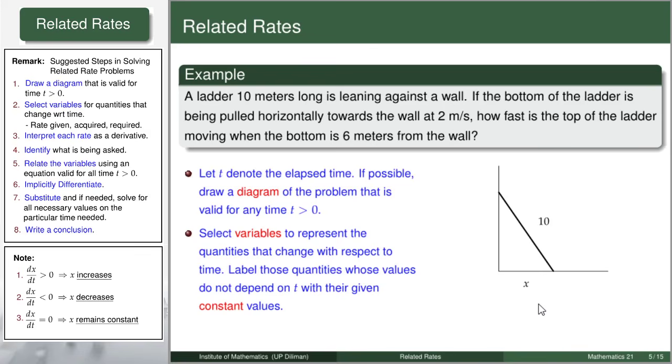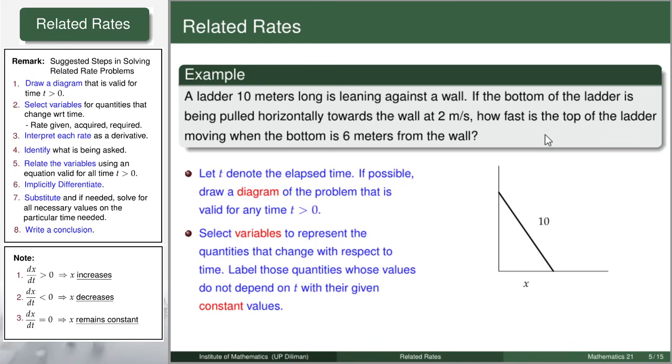Now, we do not have a rate acquired here, but we do have a rate required, and that is, in the problem, we are being asked how fast the top of the ladder is moving. We see that if I pull this point towards the wall, because the ladder is rigid, this point here will slowly go up. So we need to know how fast that part is moving.